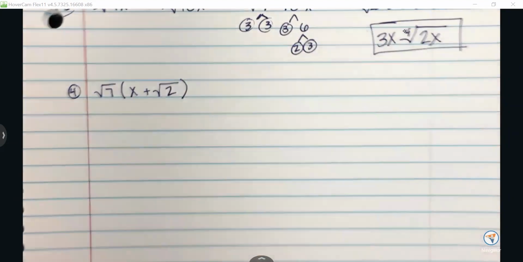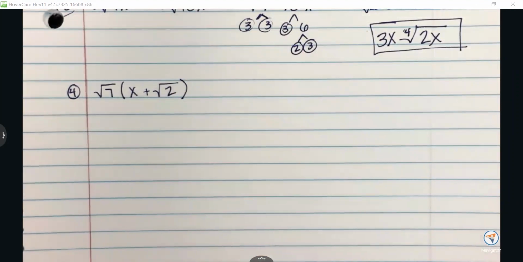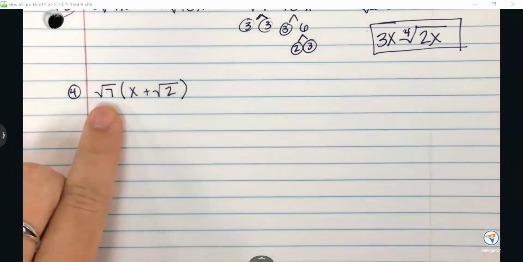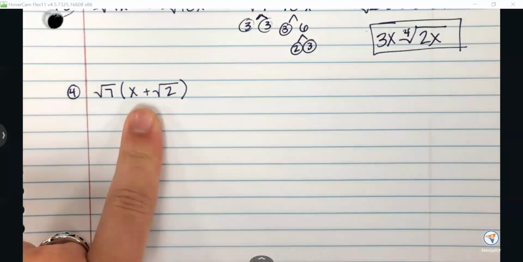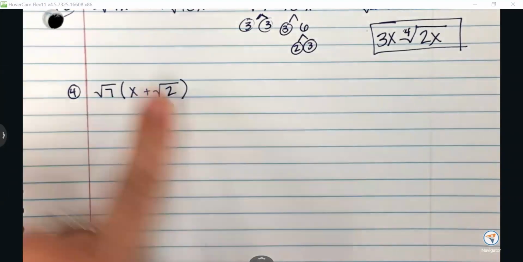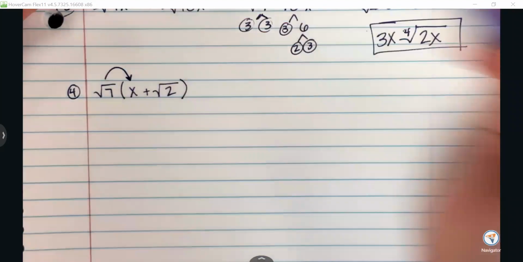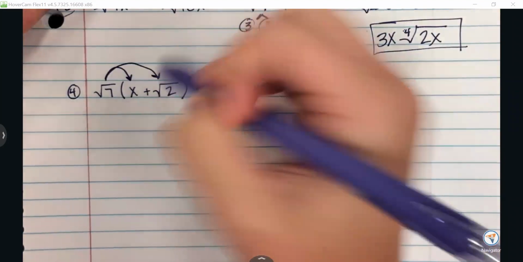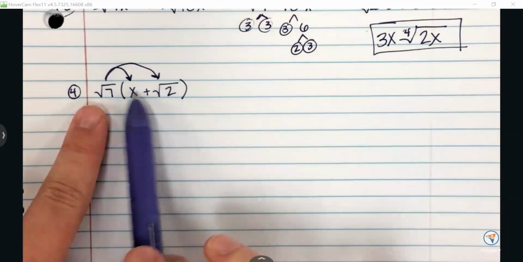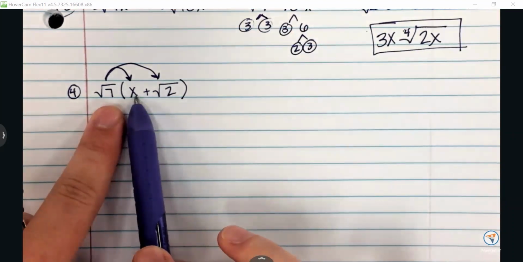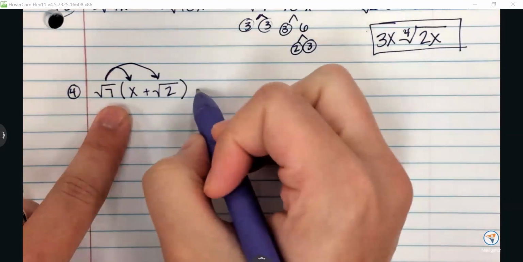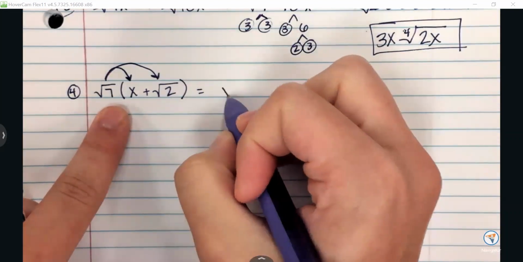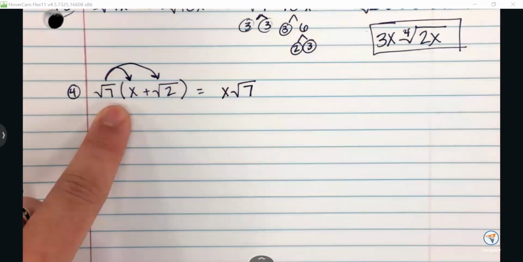So this is where it matters if something is inside the radical or outside the radical. Okay, so my square root, the 7 is inside, the x is outside, the 2 is inside. We still have to distribute this. It has to distribute to both of them. I cannot multiply 7 times x because the 7 is inside, the x is outside. So when I actually multiply those, it will be x square roots of 7.